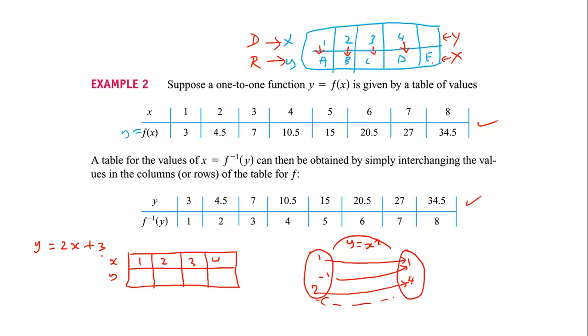Let's just take this. If x is equal to 1, this is equal to 5, right? x is equal to 2, this is equal to 7. x is equal to 3, this is equal to 9. x is equal to 4, this is equal to 11, right?